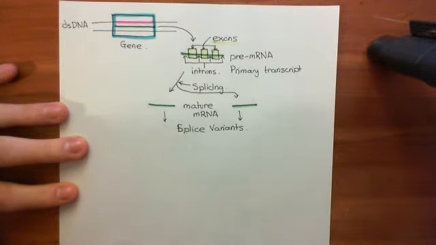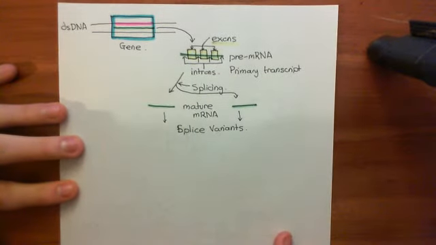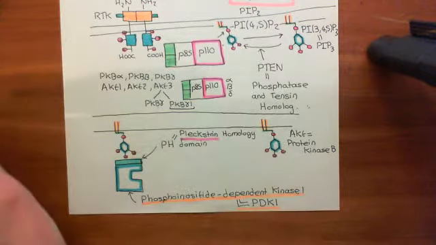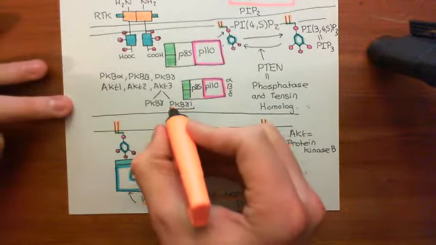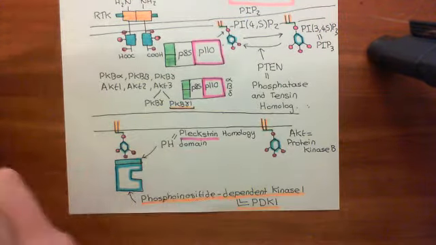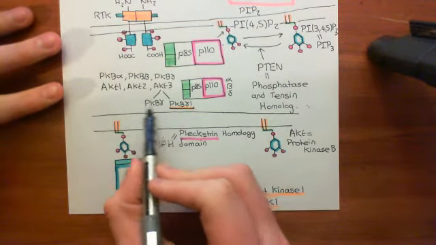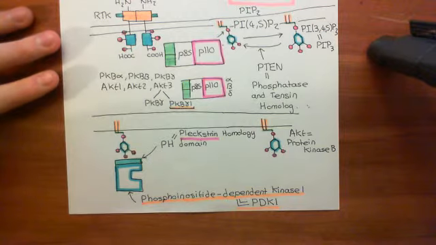That's exactly what happens in the case of protein kinase B gamma 1. This splice variant is just a shorter version of protein kinase B gamma.